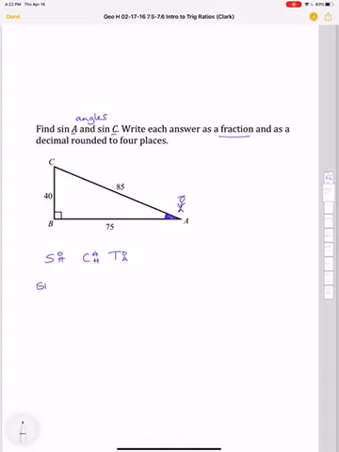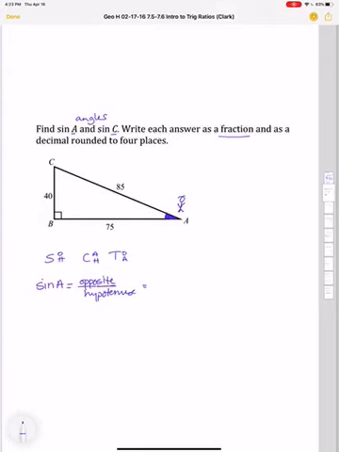So sine of A, if I knew what A was, and I put sine of A in my calculator, I would get this ratio. The opposite side, so opposite over hypotenuse.